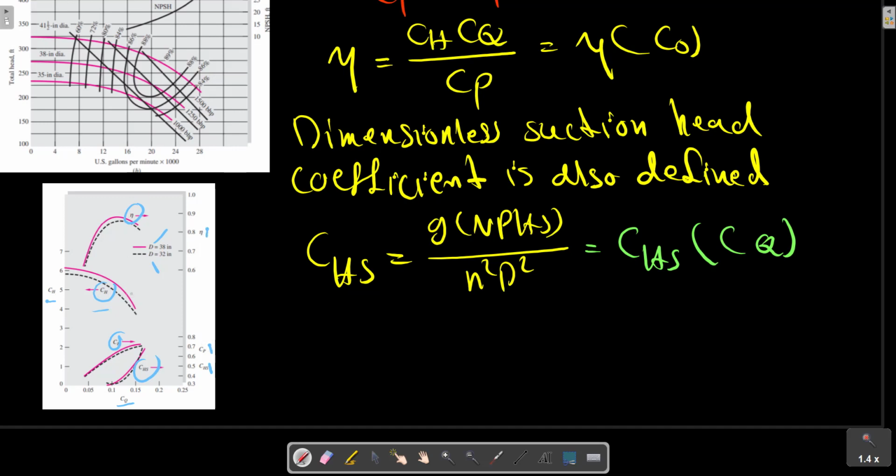Eta is a function of CQ, as here we have eta and other non-dimensional numbers.